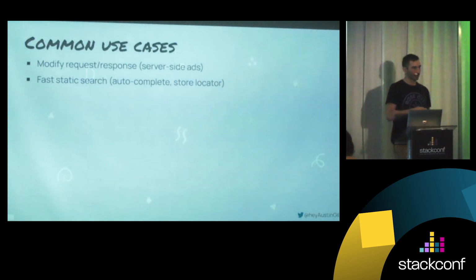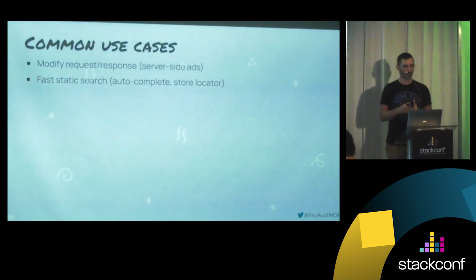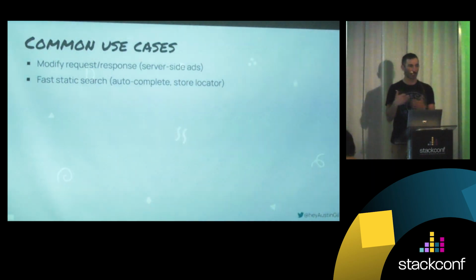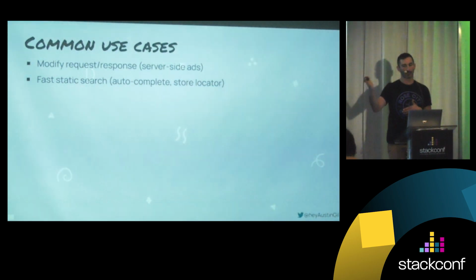Also things like fast static search. Think of a scenario where you have a company that has multiple locations around the world. You can deploy some sort of autocomplete or type-ahead feature for finding those store locations. Because that data doesn't change very frequently, anytime you have a new store location, you can update the edge key value store.